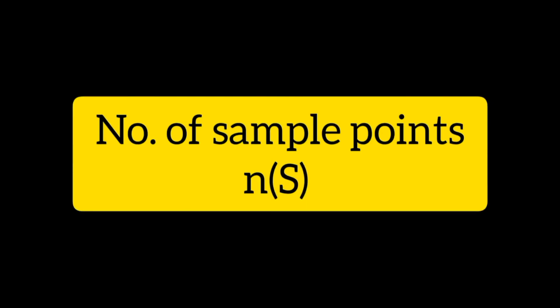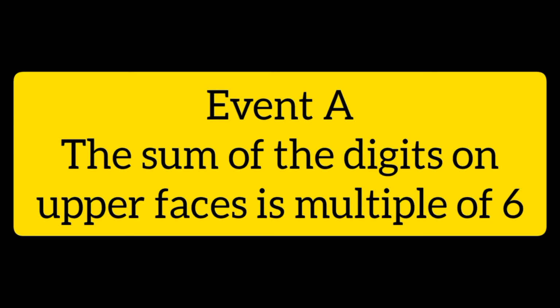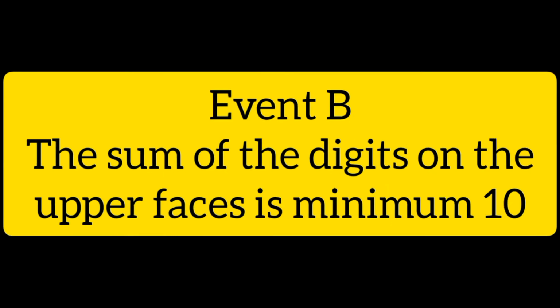Two dice are rolled simultaneously. Event A is the sum of the digits on upper faces is a multiple of 6. Event B is the sum of the digits on the upper faces is minimum 10, and event C is the same digit on both the upper faces.